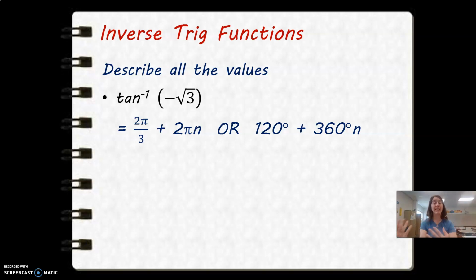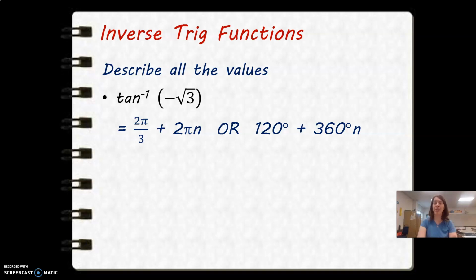So that means 360 is twice as much, so 2 pi. So 360 degrees is the exact same thing as 2 pi. There's the n that I want to put at the end because I can keep spinning around the circle as many times as I want to. Now, I would not give both of these answers. I would just give one of them. I'm just showing you the two different ways that you can write from this 120-degree angle.